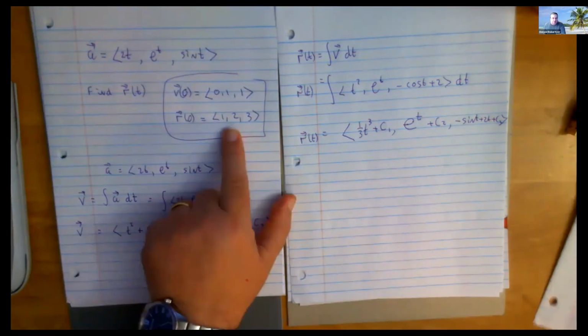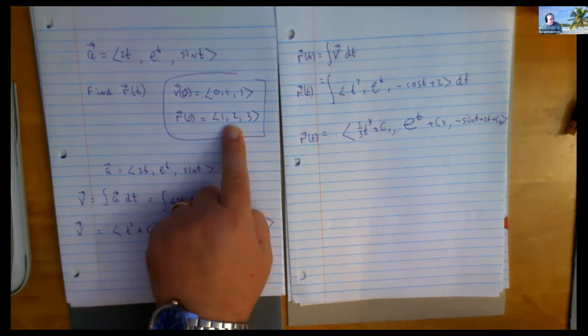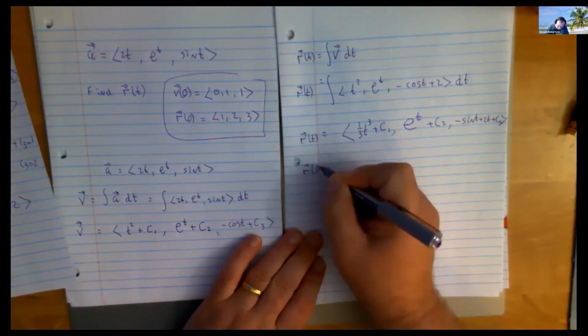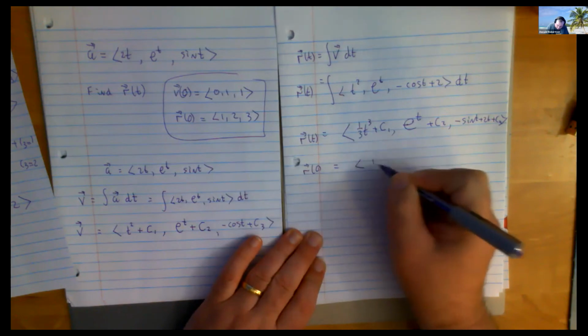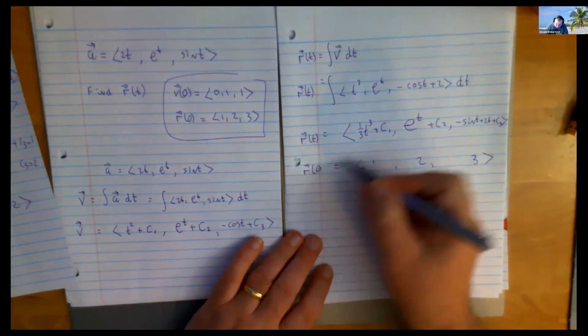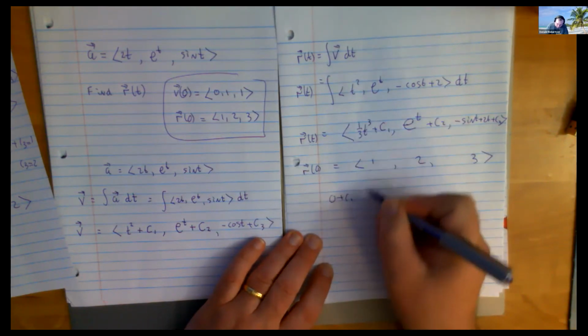I'm now going to use the fact that at time 0, the position vector is 1, 2, 3. So this fella, it's 1, it's 2, it's 3. If you plug in 0 here, you get nothing plus C1, and that has to equal 1.